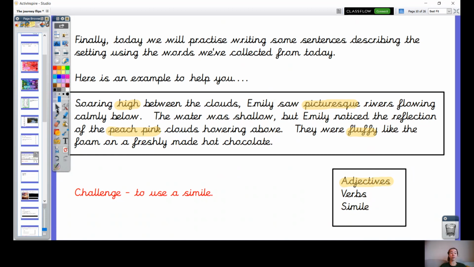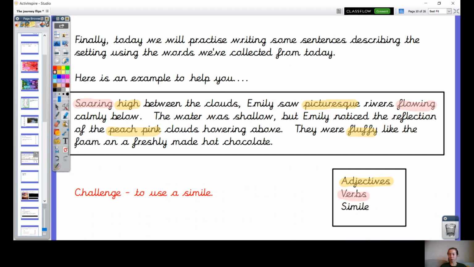Okay, let's now have a look at the verbs. Pause the video. Can you spot any verbs I've used? Remember, verbs are words to describe how something moves. Okay, here we go. Let's have a look for some verbs. Soaring high. Oh, that's what she's doing, isn't it? Soaring high between the clouds. Emily saw picturesque rivers flowing.